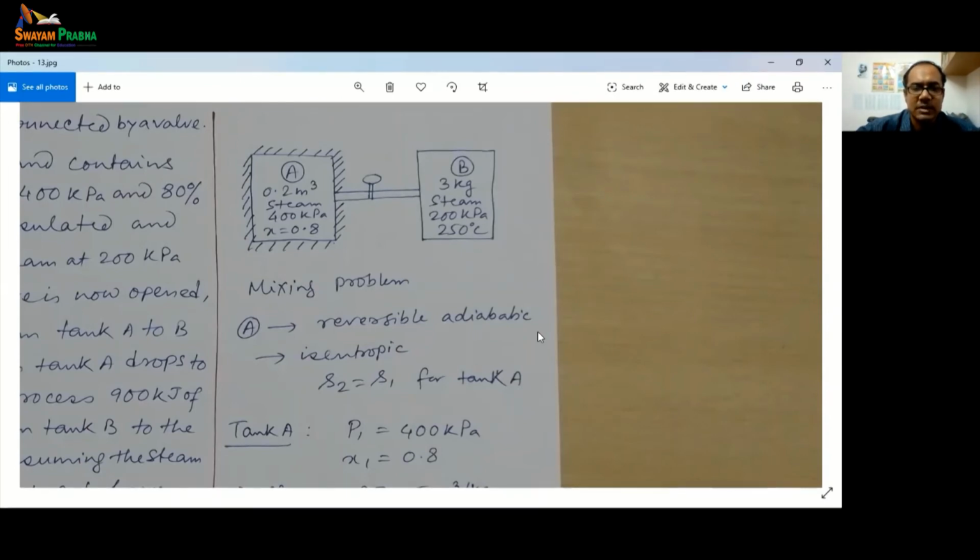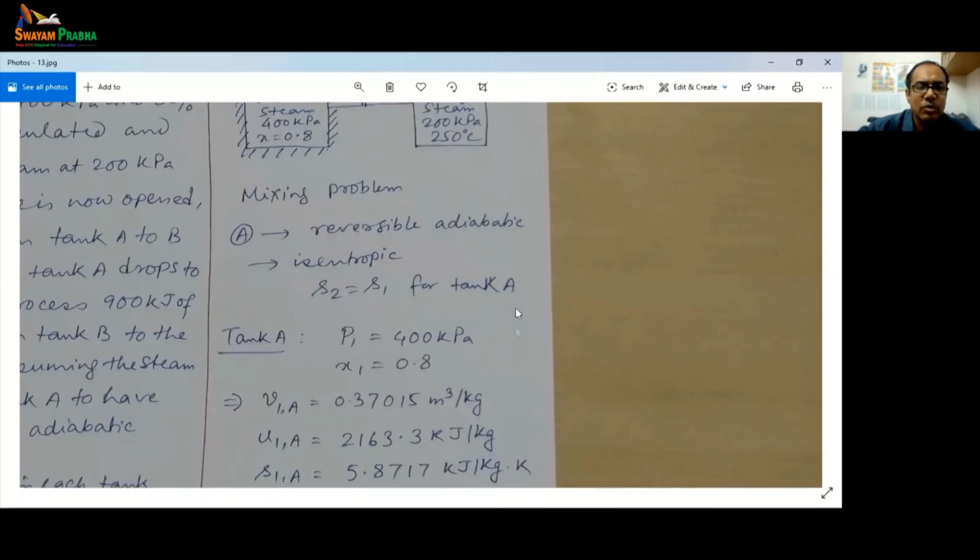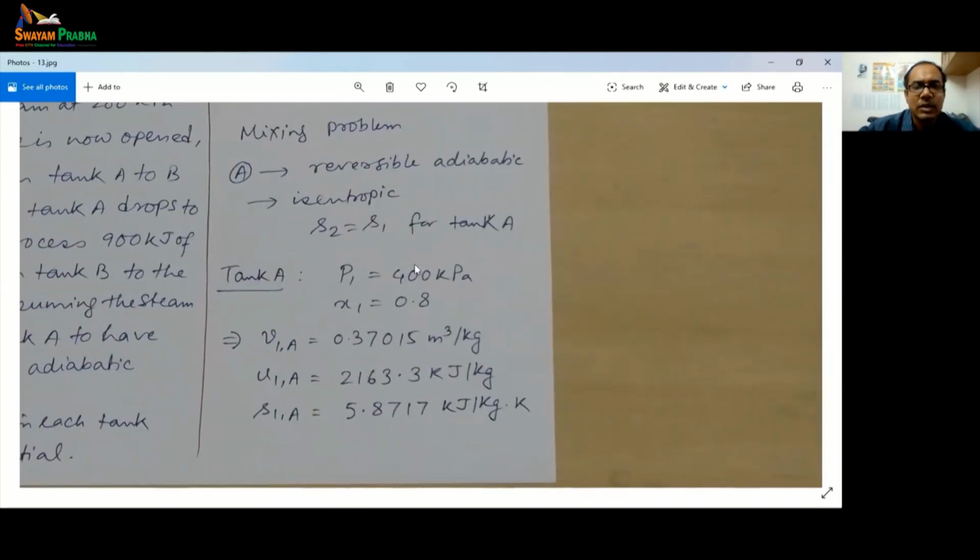Entropy does not change, so for tank A, S2 will be equal to S1. What else do you know? For tank A, the initial pressure is 400 kilopascal and the quality of steam is 0.8, or 80% quality.